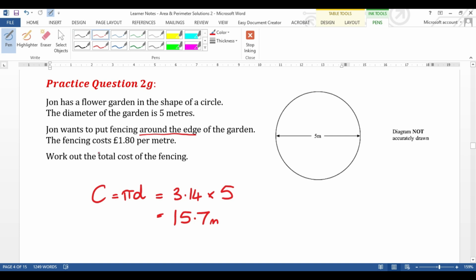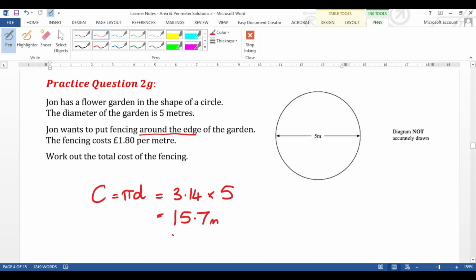Okay, so the fencing costs £1.80 per meter. So there's 2 different answers for this actually, because some people might use this as it is, 15.7 meters, and just times it by the £1.80. Or other people might round it and think, you know, you can't really buy 0.7 of a fence. There's not enough information in this question to tell you whether they can cut and join these, or you have to buy the fencing in whole meters.